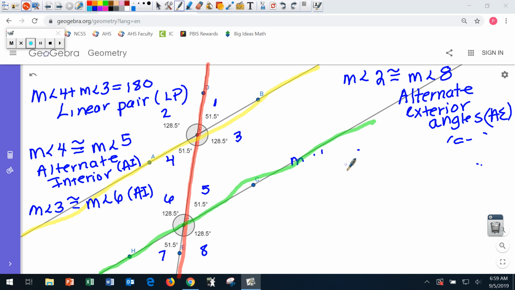All right, so the measure of angle 1 is congruent to the measure of angle 7, and we're going to say by alternate exterior angles, AE. All right.